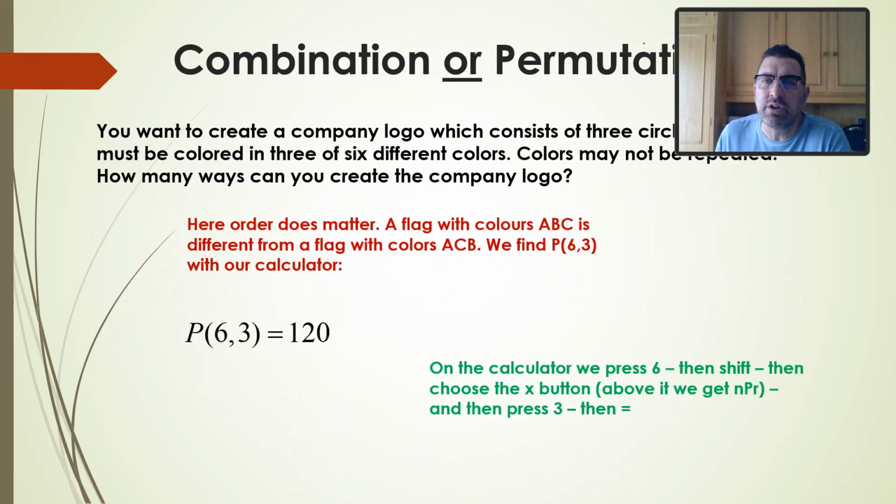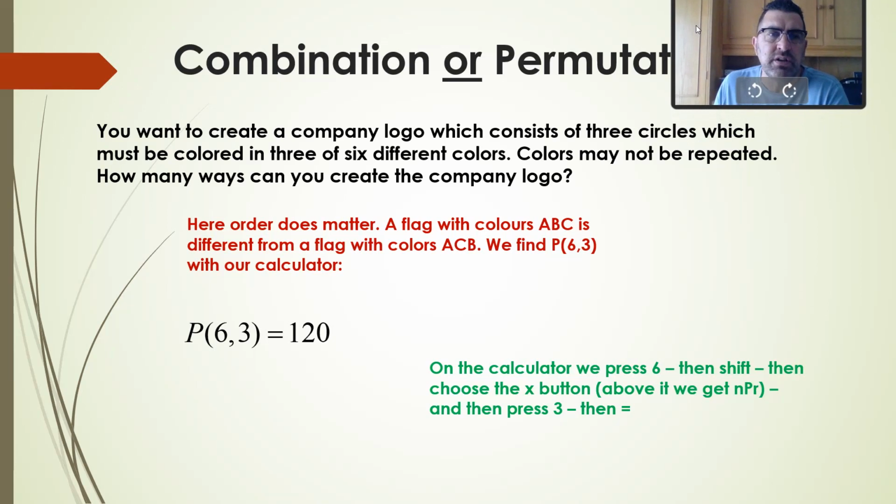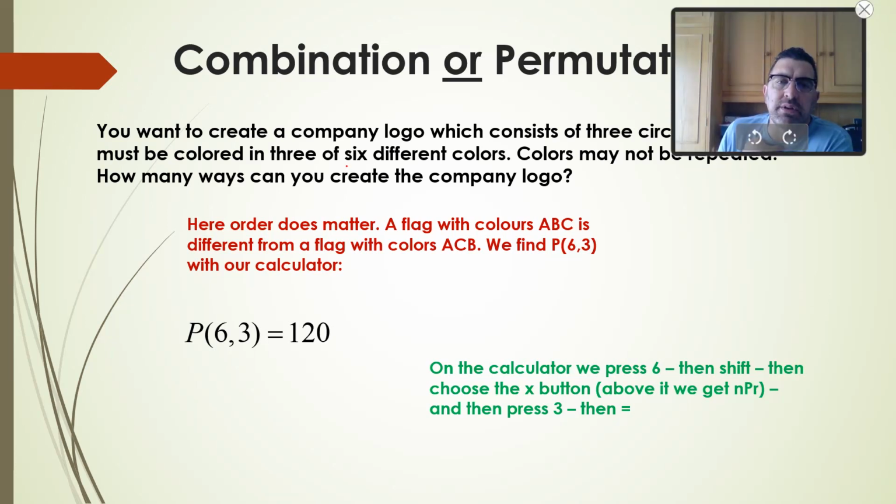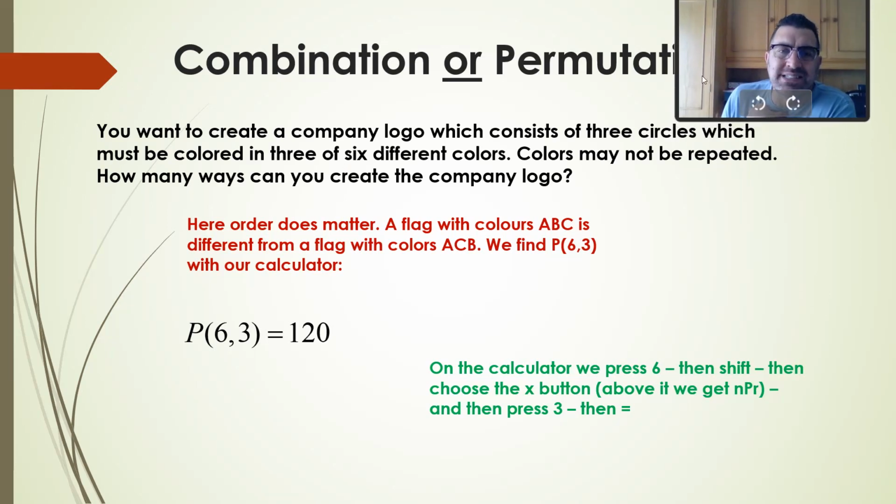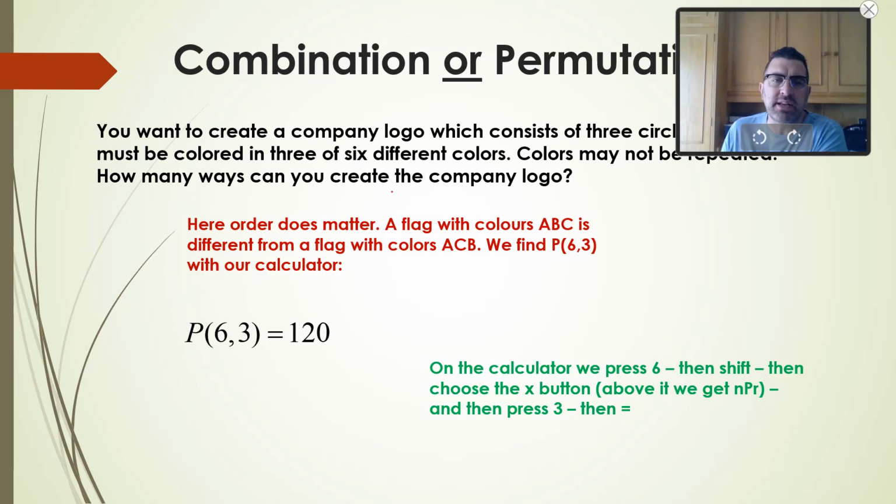Okay, again, we're looking at combination or permutation. You want to create a company logo which consists of 3 circles, which must be colored in 3 of 6 colors. Colors may not be repeated. How many ways can you create the company logo?